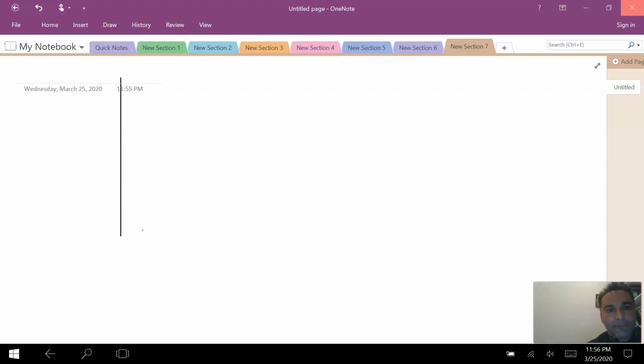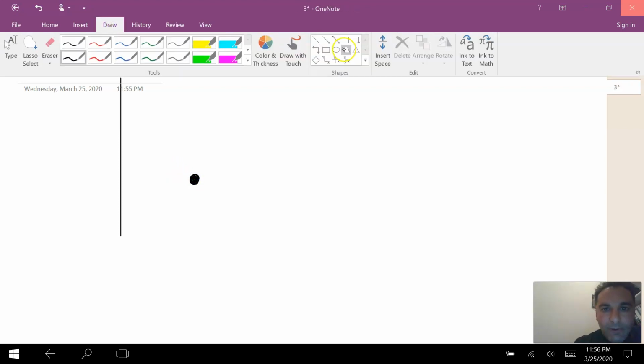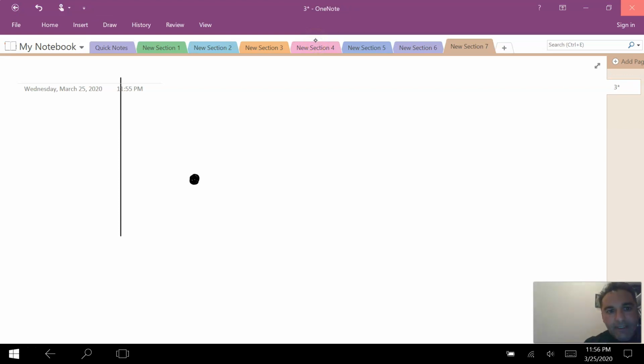Then we have a ball, correct? Which this ball is attached to this string, correct?